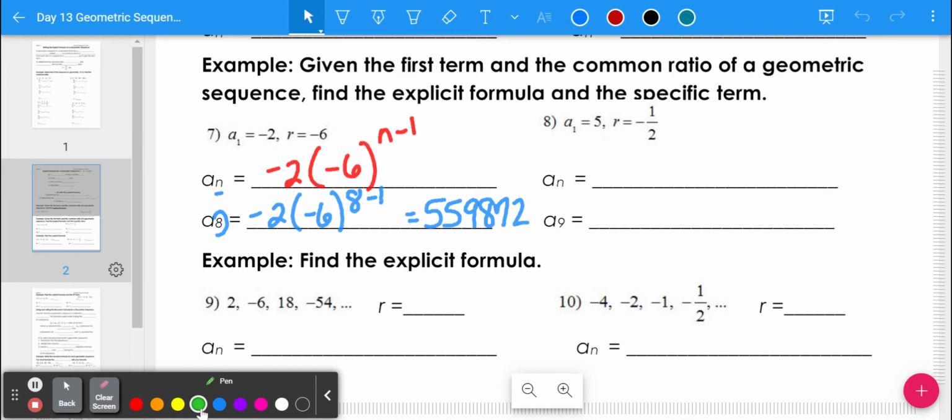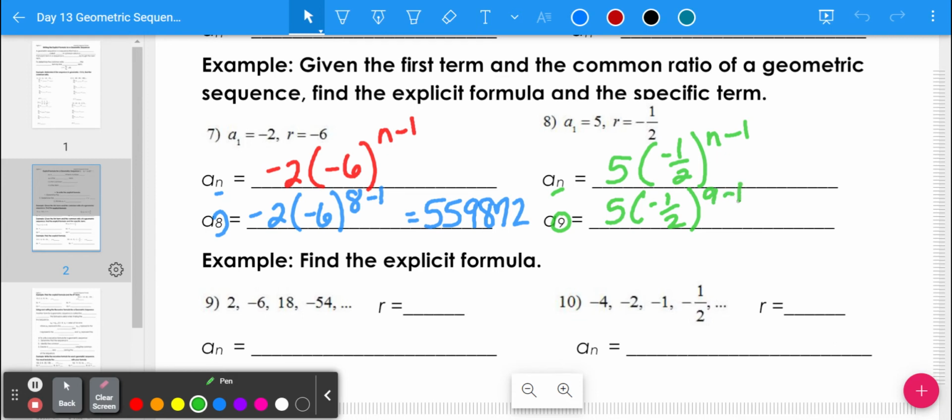As you're getting ready to do number 8, the first term is 5, the common ratio is -1/2, and that is to the power of n minus 1. I'm going to plug in 9 for n. You can see that's what I'm replacing. So 5 times negative 1/2 to the 9 minus 1 power.